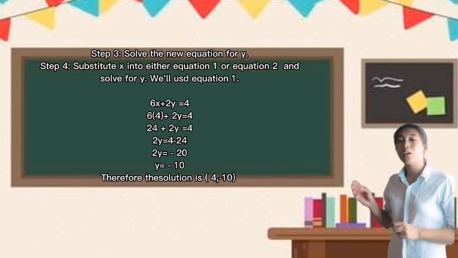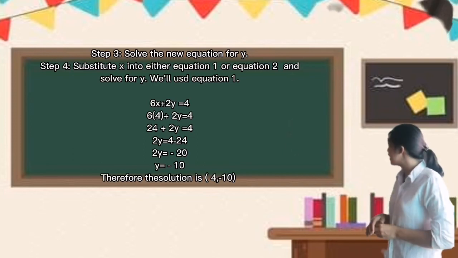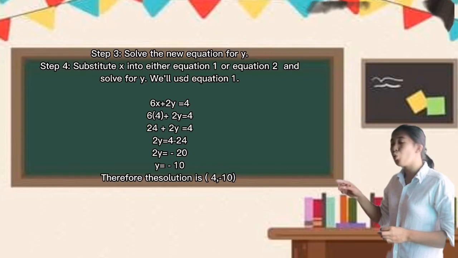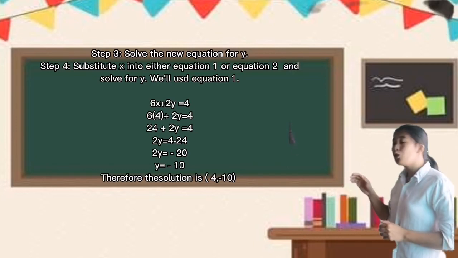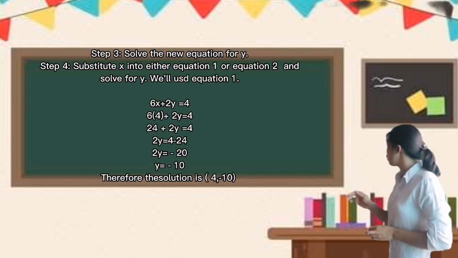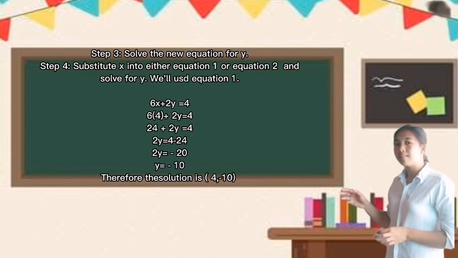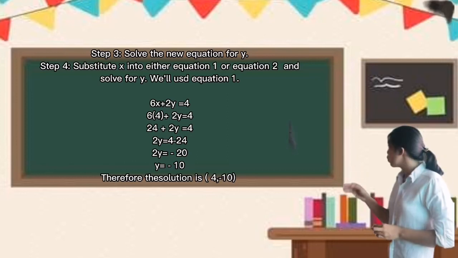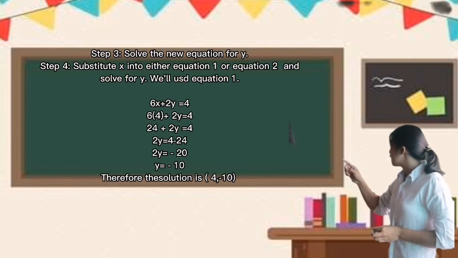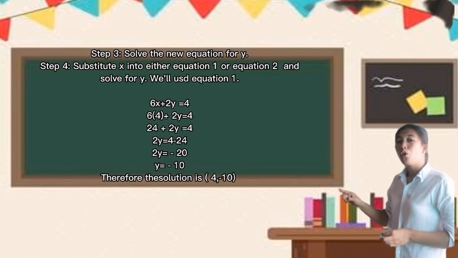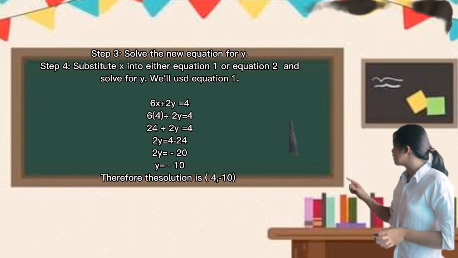So we will use equation number 1, which is 6x plus 2y is equal to 4. The value of x is equal to 4. So 6 times 4 plus 2y is equal to 4.